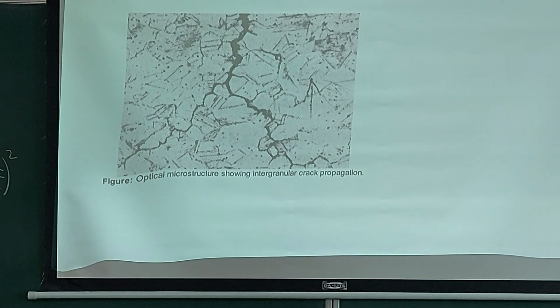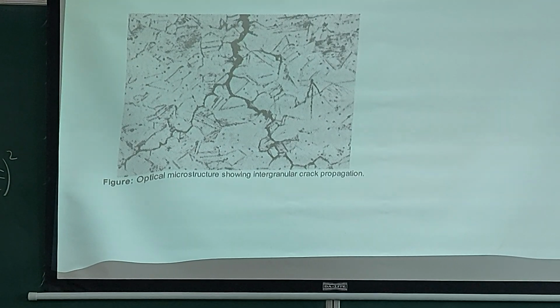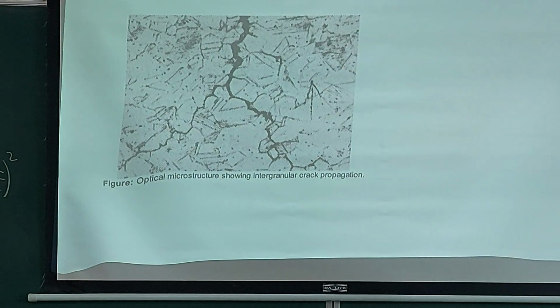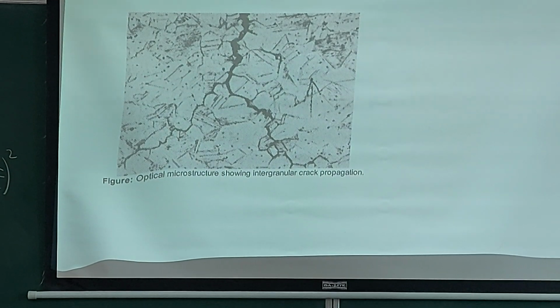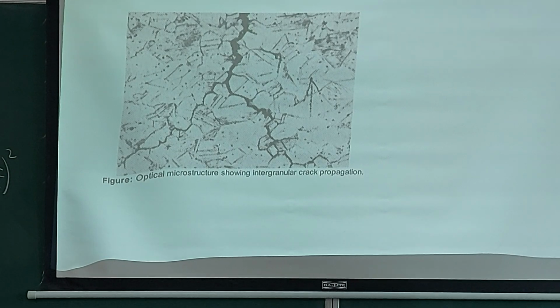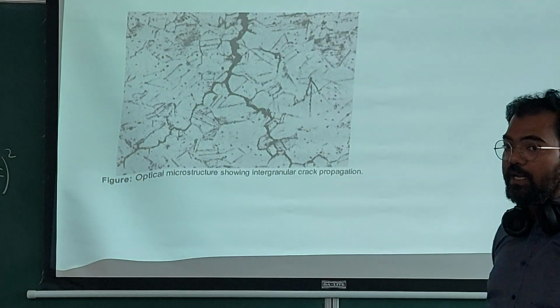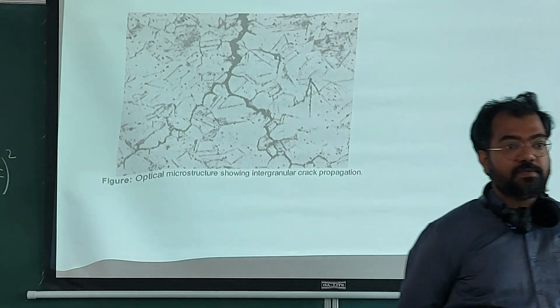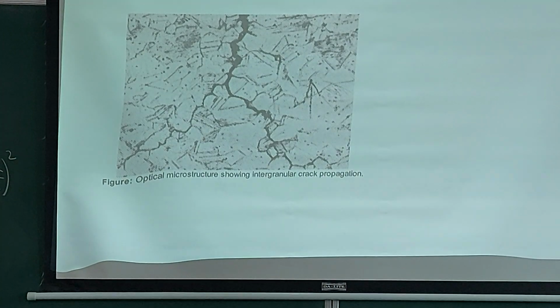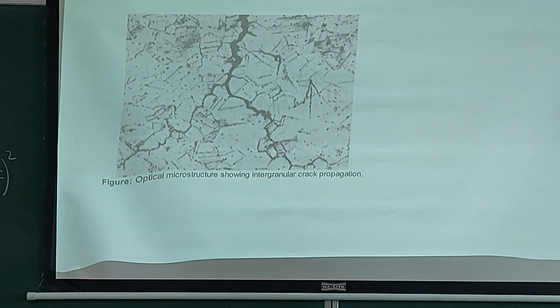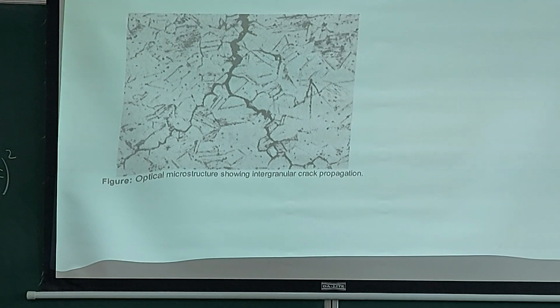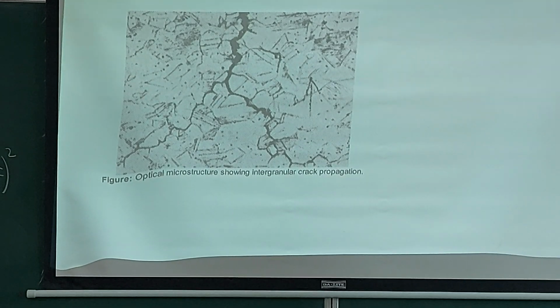So if it is following the grain boundary, it is taking a longer path, and that tells you that the path must be easier. Okay? So this usually happens when you don't have manganese in a steel. So you have iron sulfide formation, and that iron sulfide forms a eutectic, and that becomes very viscous at the boundary. So it acts almost like a liquid on the boundary, and then if you have a crack in it, it will propagate.